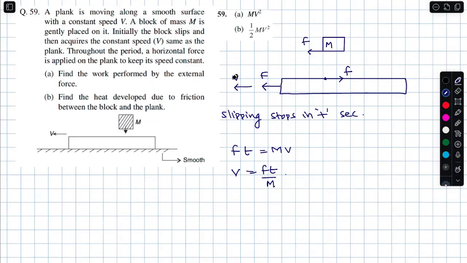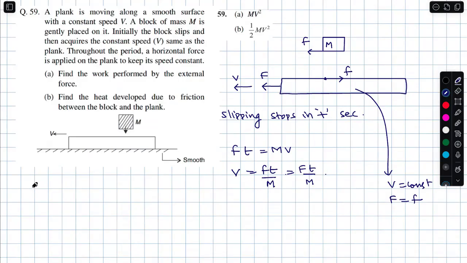This system is always moving with constant velocity. Means, in this case, v is constant. To maintain v constant, F and small f must be the same. So therefore, this is F into t by capital F. I think till this point, there is no issues for you at all.